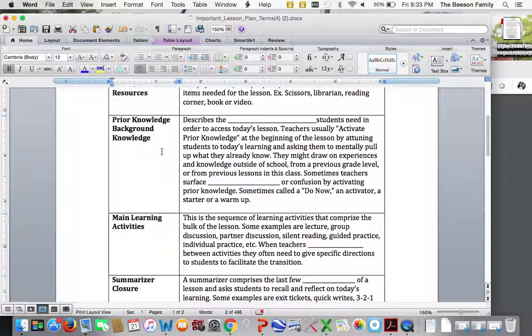And what do they need to be able to activate in their brains? So when it says activate prior knowledge, that's the time at the beginning of the lesson when you get them started thinking about the concept and you kind of refresh their memory and see what they know. And so then their little brains are starting to say, okay, I remember that. Let me apply everything I know to what I'm about to learn.